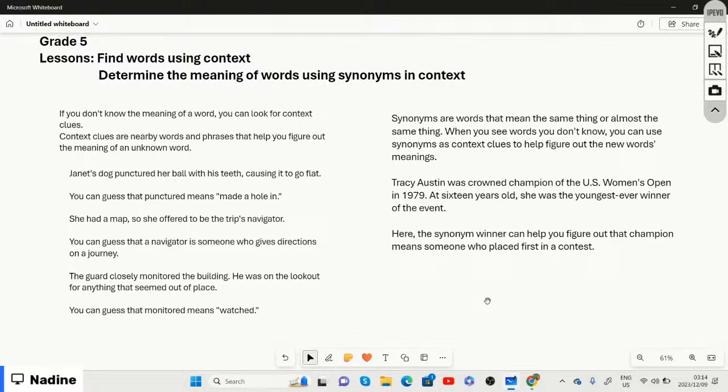If you look at the word champion, they're talking about winning. Youngest ever winner of the event clearly means that champion is someone who placed first within the contest.